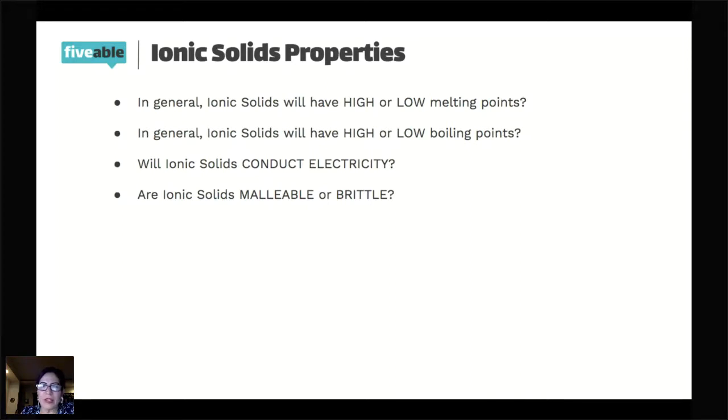Correct. They will conduct electricity if electrons are able to flow freely. How do we know if they will flow freely? You will know if they will flow freely if they are melted or if they are dissolved in water. Excellent. Let's move on.